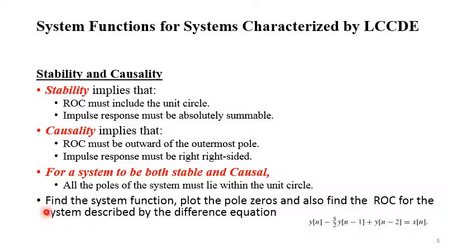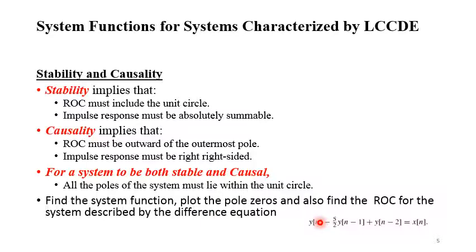Let's have a numerical problem on finding the system function, and we need to plot the pole zeros and also find the ROC for the system described by this difference equation.